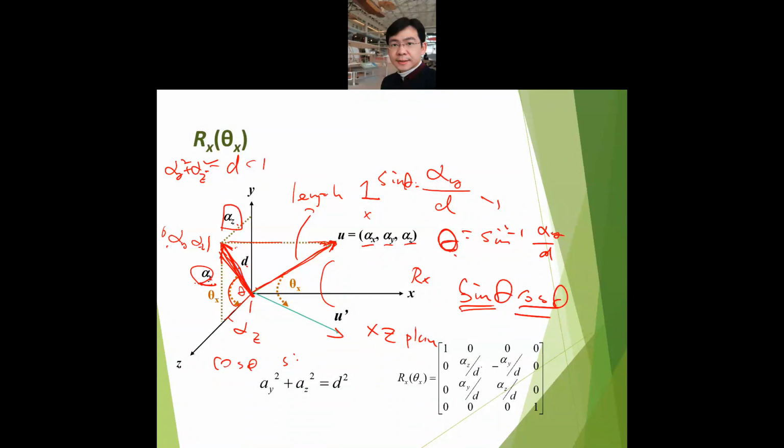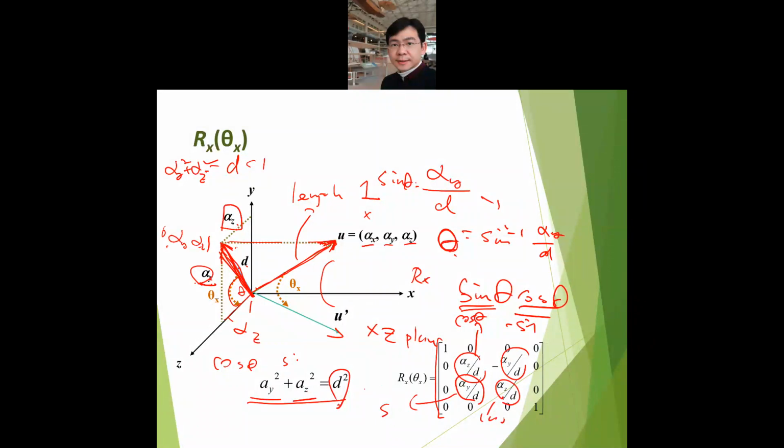So here I show the result. We have a cosine here, a negative sine here, and a sine and cosine here. Given this vector, we can simply estimate d based on alpha y and alpha z.